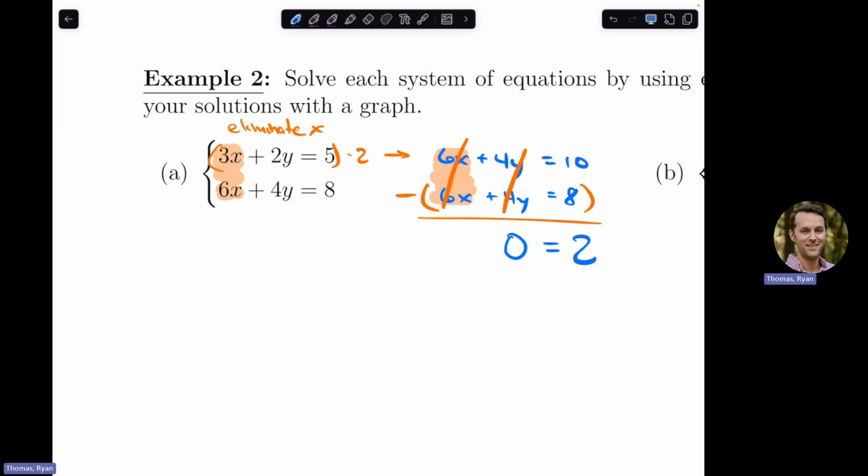Lines that are moving in the same way but have different intercepts are parallel. And solutions are places where the lines intersect, but if they're parallel, then they don't, right? So the way this shows up in the math is like this, that we get this thing that's not true.